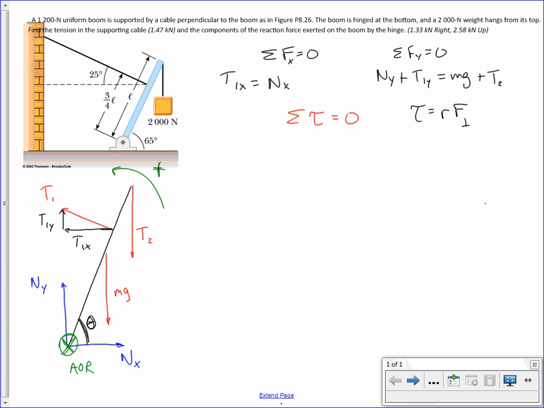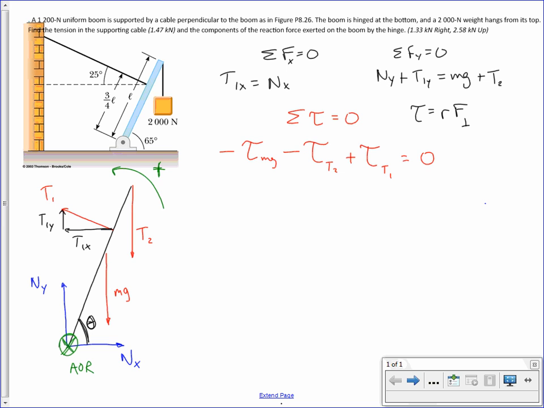Now we do our net torque statement. There's a torque from mg, there's a torque from T2, there's a torque from T1. They have to combine to give 0. Hopefully we can see that the torques from T2 and mg are both negative.